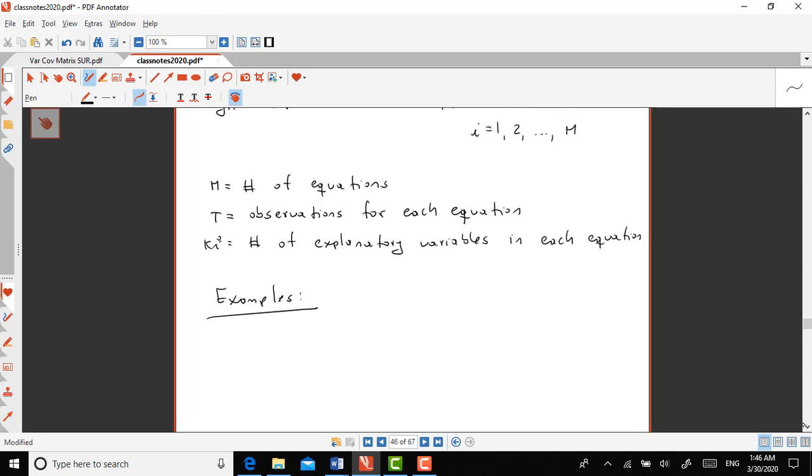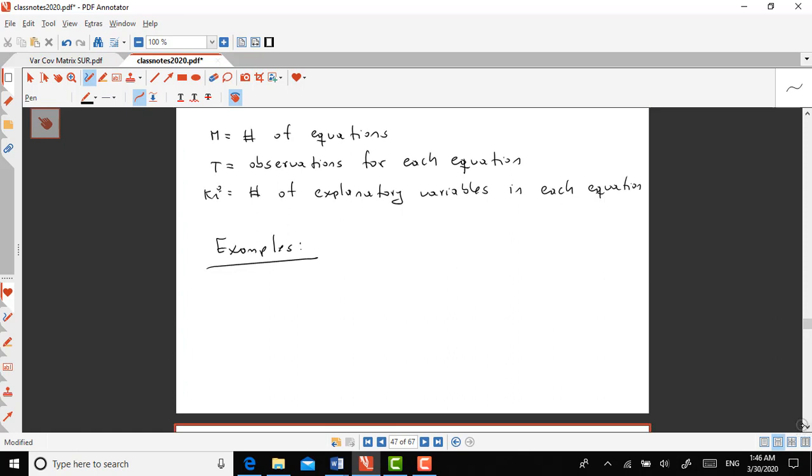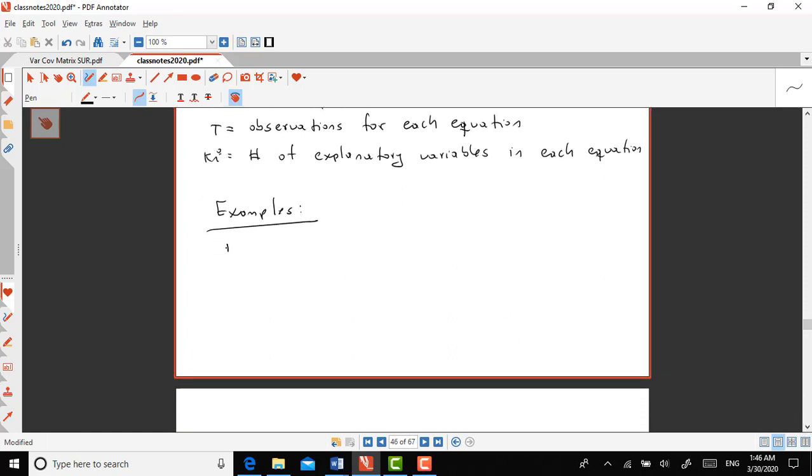So let's say we have the demand system, where the i for each equation will correspond to one good in the demand system.